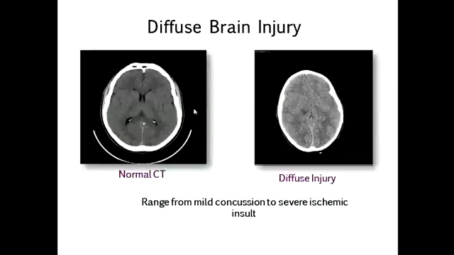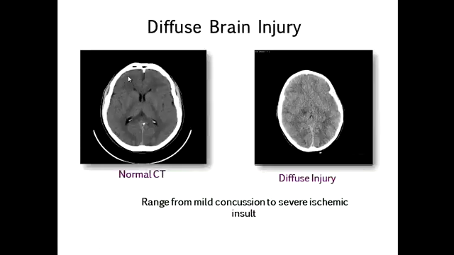Diffuse brain injury can be manifested on 2D imaging, as is seen here. There are no evidences of increased intracranial pressure. The ventricles are midline and are of appropriate volume.